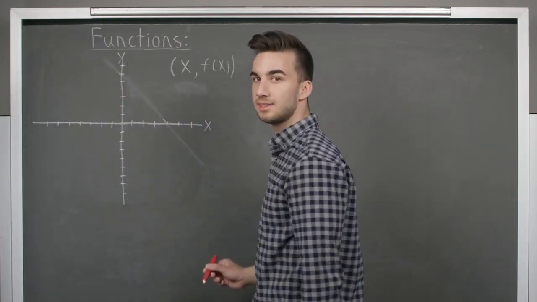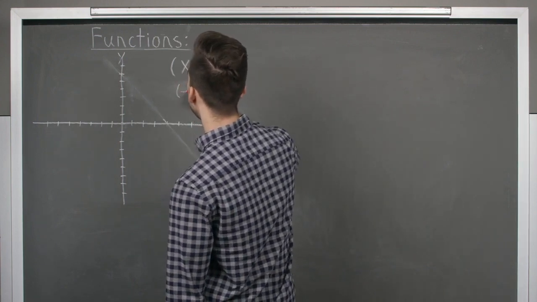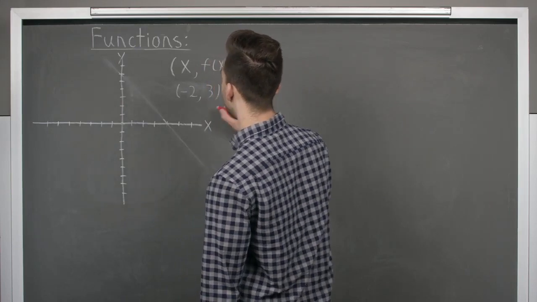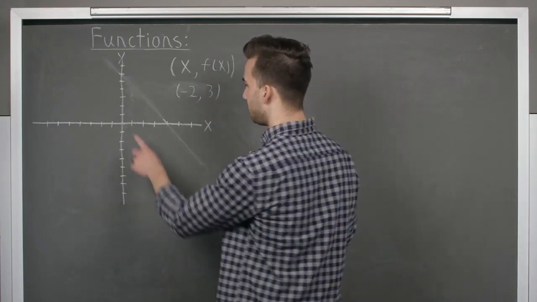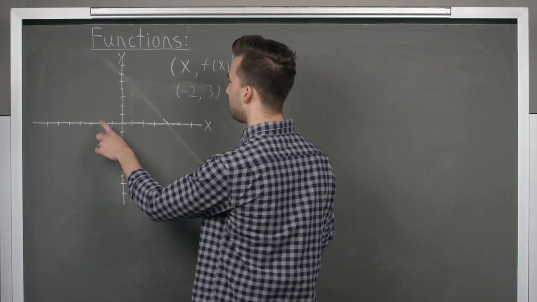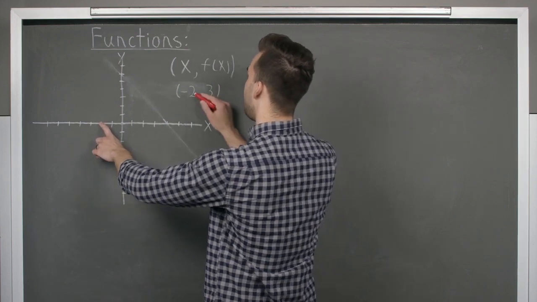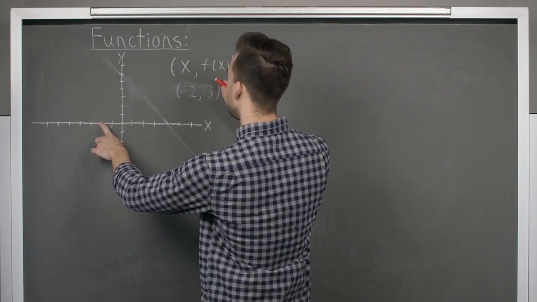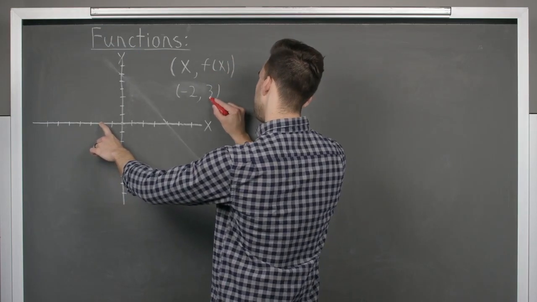Okay, so let's say we wanted to do the point -2, +3. So our x is -2, right? So you just count over 2 spaces to the left, 2 ticks on your x-axis. And then now for the y portion, or the f of x portion, excuse me, we need to count up +3.